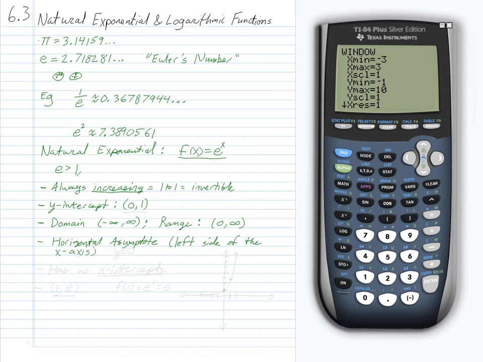We would describe that horizontal asymptote as y equals 0, the horizontal line at a height of 0. And just as is the case with every other exponential function, this function, unless it's shifted in some way, will have no x-intercepts.